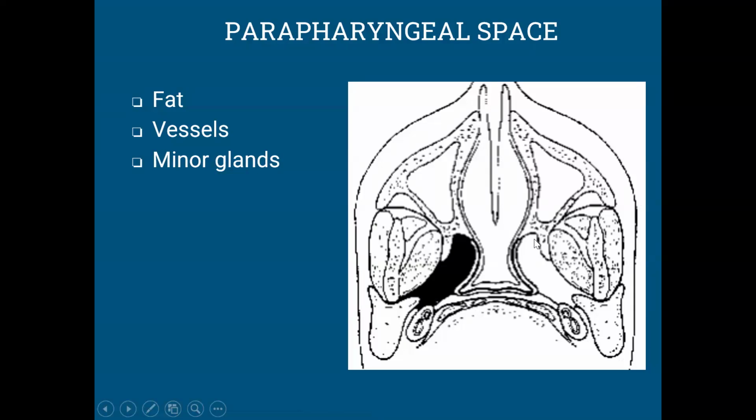Now we move on to the parapharyngeal space. Lateral to the pharyngeal mucosal space, we have the parapharyngeal space. This space comprises predominantly of fat. In addition, we also have a few vessels and minor glands in this space. But predominantly it contains fat.